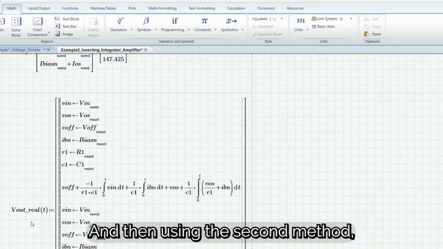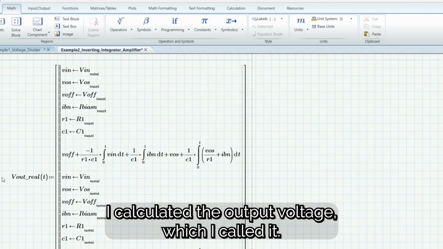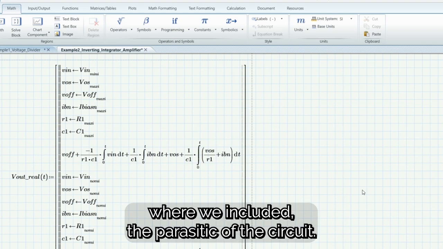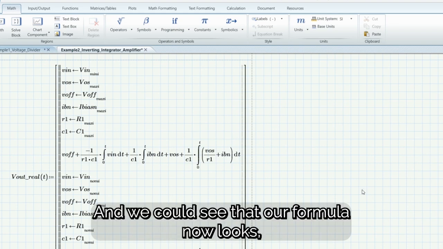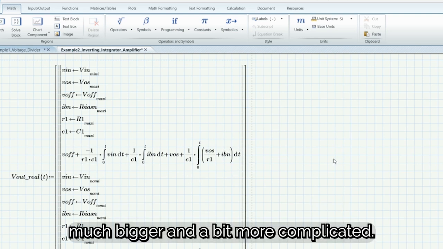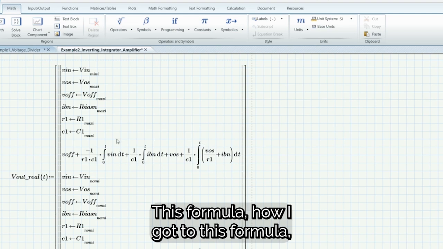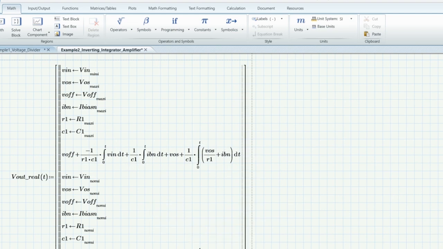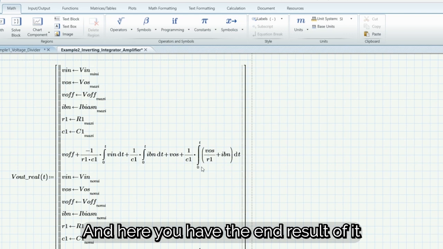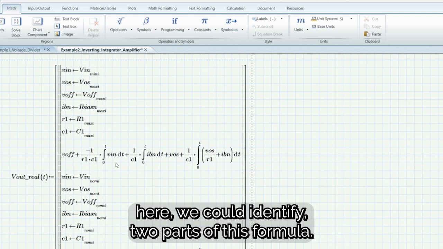And then, using the second method, I calculated the output voltage, which I now called output voltage real, because it's a realistic situation where we included the parasitics of the circuit. We can see that our formula now looks much bigger and a little bit more complicated. I got this formula by doing some handwritten calculations, and here you have the end result of it. Here we can identify two parts of this formula.